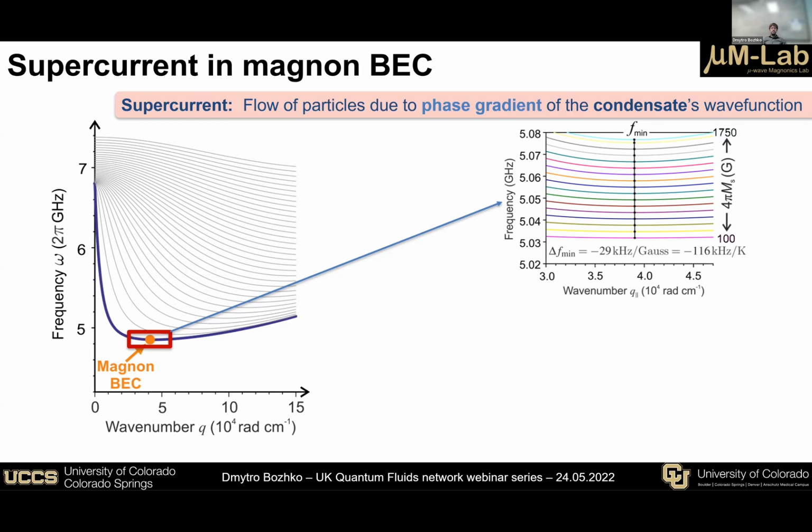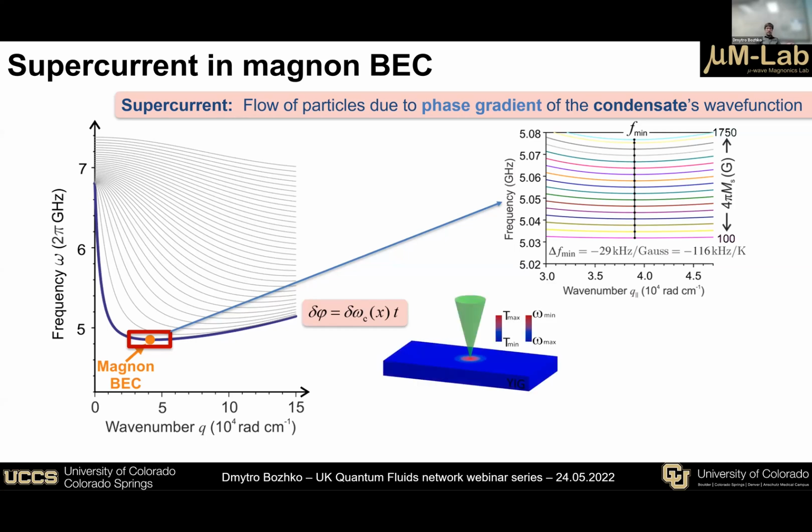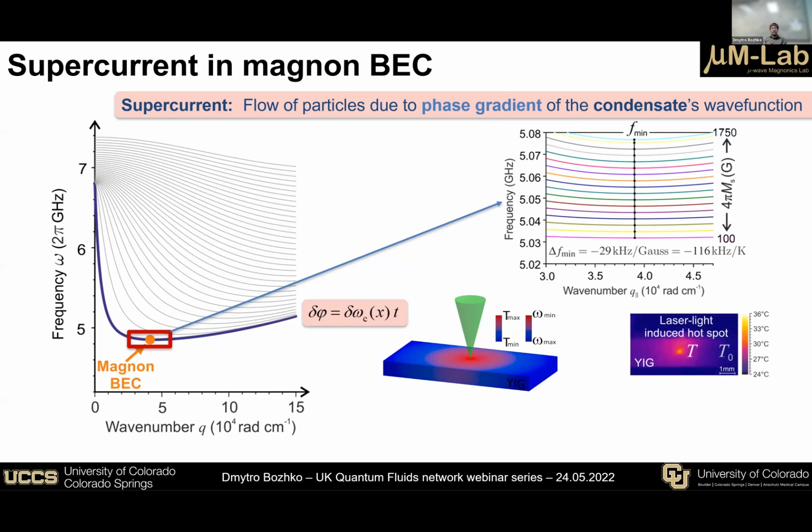So we can trade off in time the gradient in frequency for the gradient in phase. How do we heat up the system locally? Well, we have a perfect heater, which is actually our probing laser. And that was the very first way to induce the supercurrent in our system: to use the probing laser.